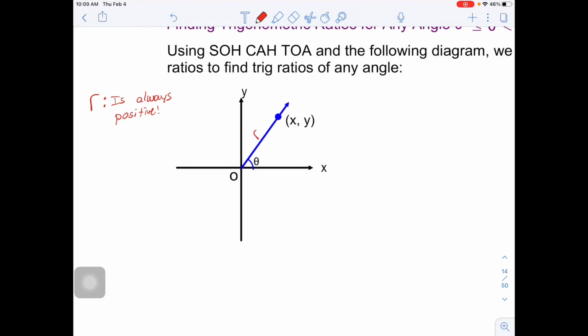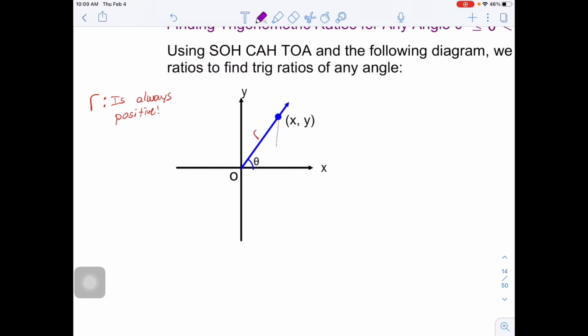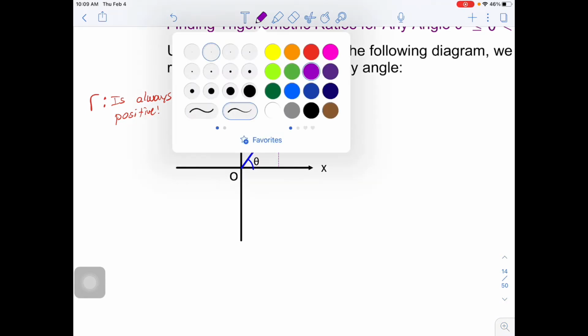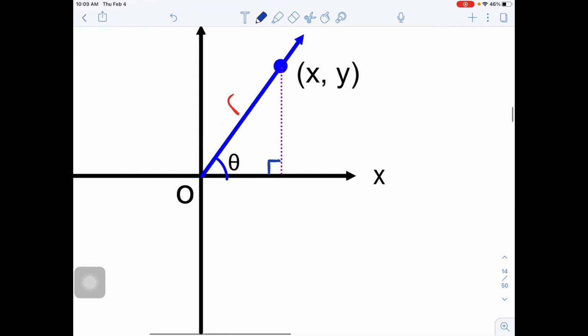Now, as soon as you draw r, a few things happen. You can then drop down your leg here, and now we have a right triangle. Ask yourself, what would be the measurement of this length?